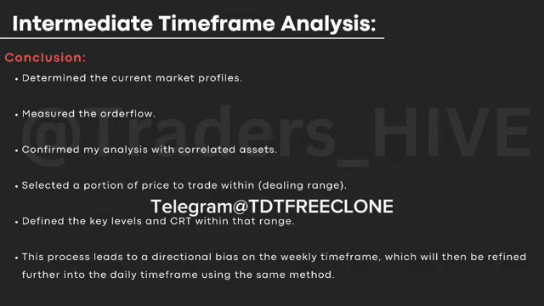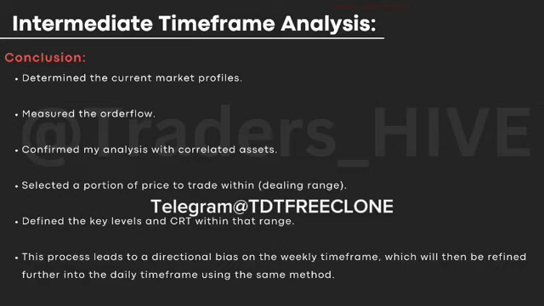Next, I measured the order flow and observed how price was interacting with key levels, and I determined the market directional bias based on its structure and framework. Then I confirmed my analysis with correlated assets by comparing related markets, right? And I was able to validate my findings and strengthen my confidence in the bias.